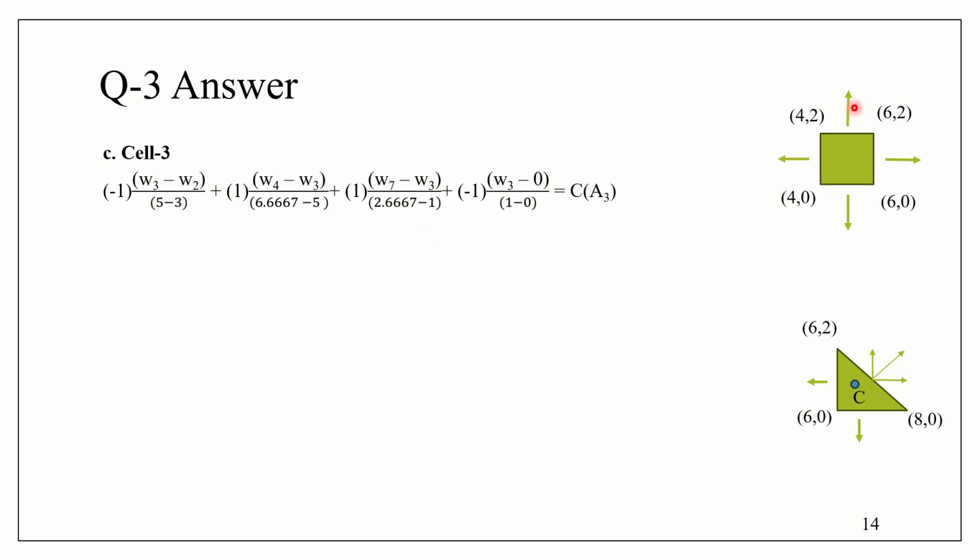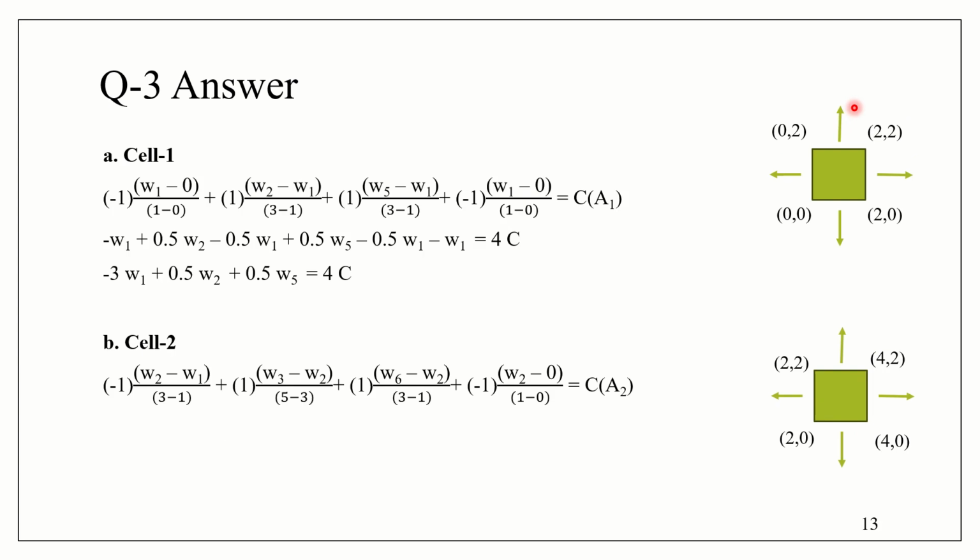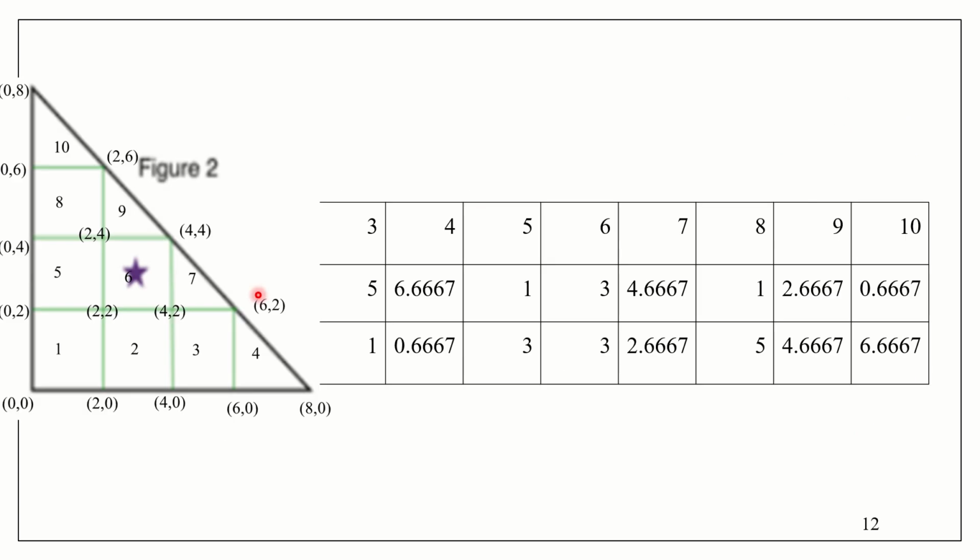Immediately above it we also have a triangle, because above the third cell we have this seventh cell. So what is the centroid of the seventh cell? It is 4.67 by 2.67, where 2.67 is the y.